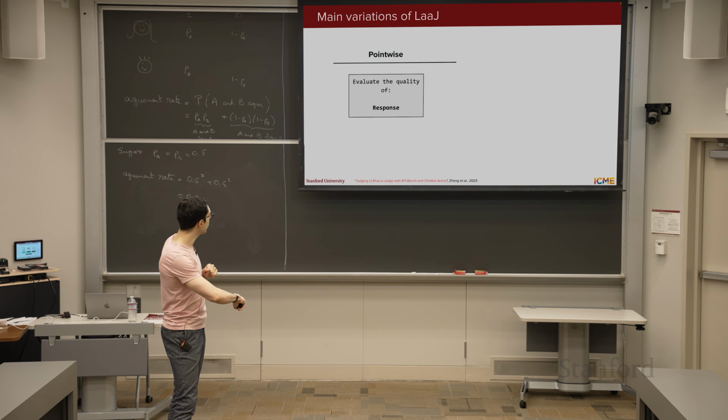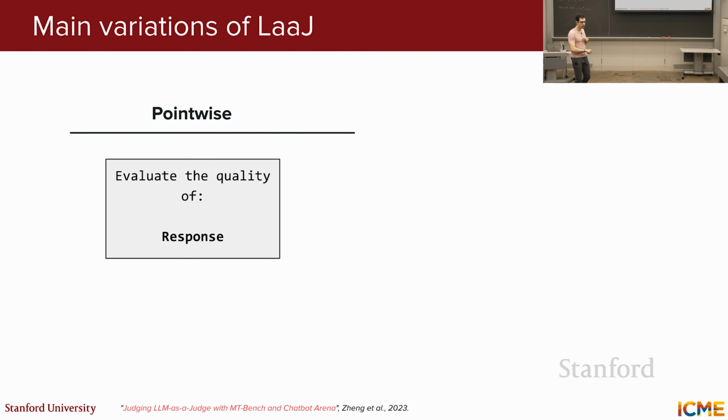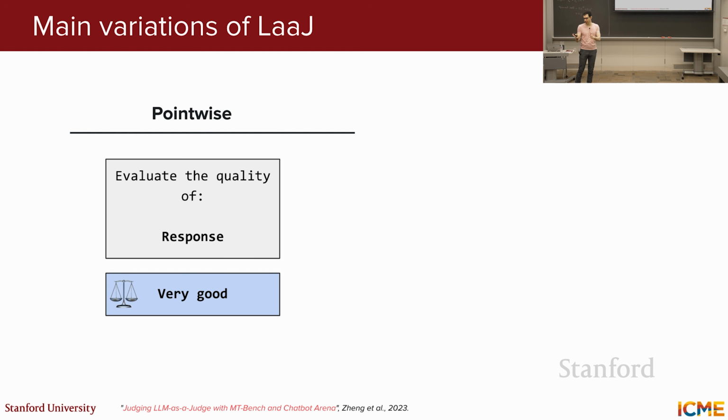Now we're going to see the kinds of LLM-as-a-judge you can see out there. There are many variations, but generally two types. The first is a single output, a single response that you want to evaluate, and you ask the LLM-as-a-judge whether it is good or not.